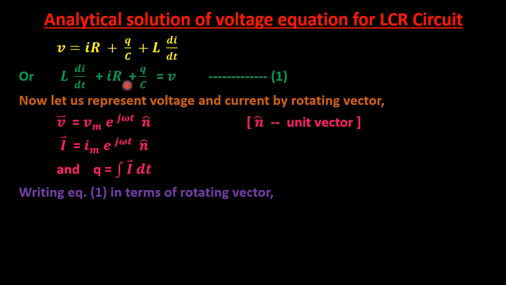Now writing equation 1 in terms of rotating vector, we replace this I by rotating vector I, and Q by integration I dt. Then the equation modifies as L di by dt plus IR plus 1 by C integration of I dt equals V. Let this be equation number 2.